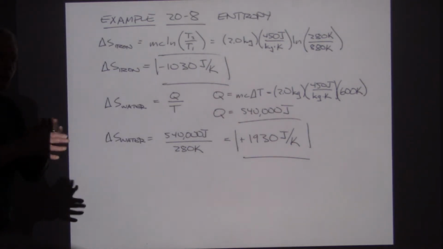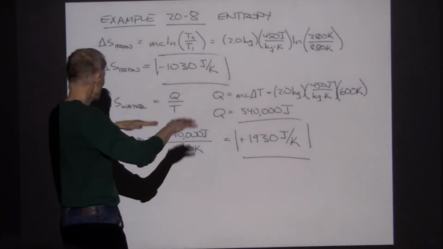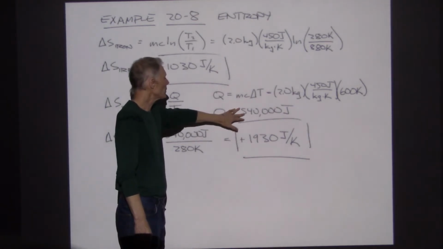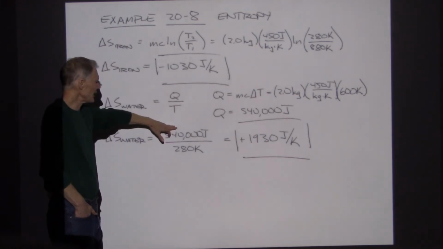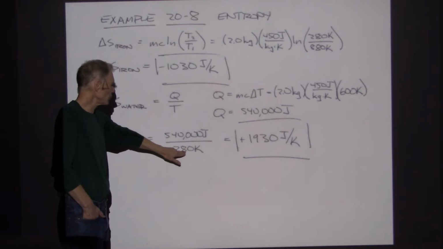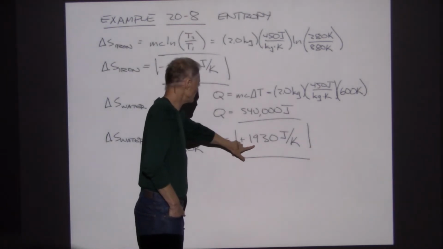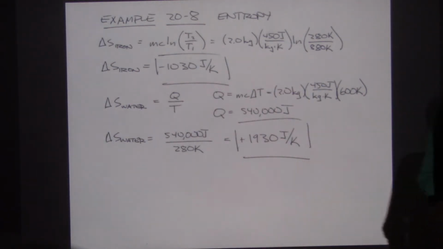We can't tell by putting a thermometer in the lake because the temperature change was so slight, but we do know from the iron that this must have been the amount of heat. So that much heat goes into the lake, which is at 280 kelvins the whole time. So the lake's entropy increase is 1,930 joules per Kelvin.